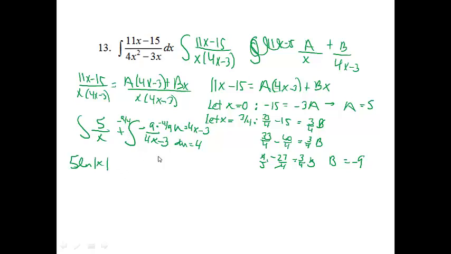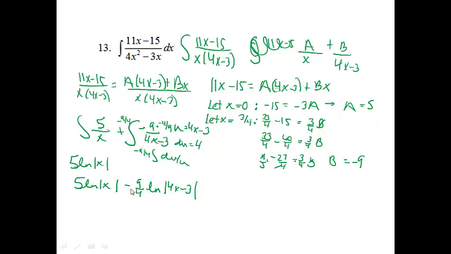So now this will turn into negative 9/4 integral of du over u. So now I will have 5 natural log of x minus 9/4 natural log of u, which will be 4x minus 3.